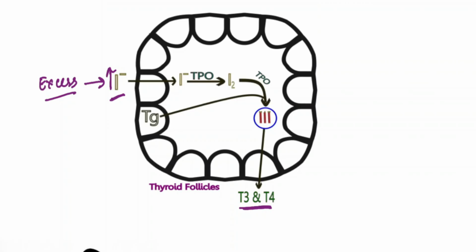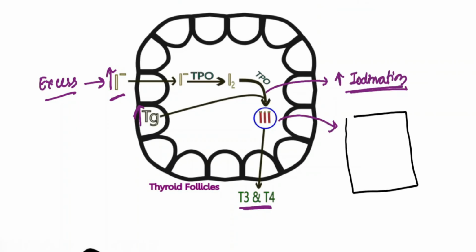The excess of iodine causes, number one, increased synthesis of thyroglobulin. And it also causes too much iodination of this protein, that is of thyroglobulin.